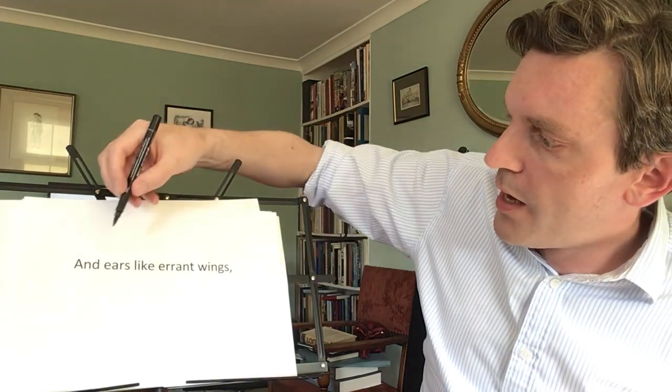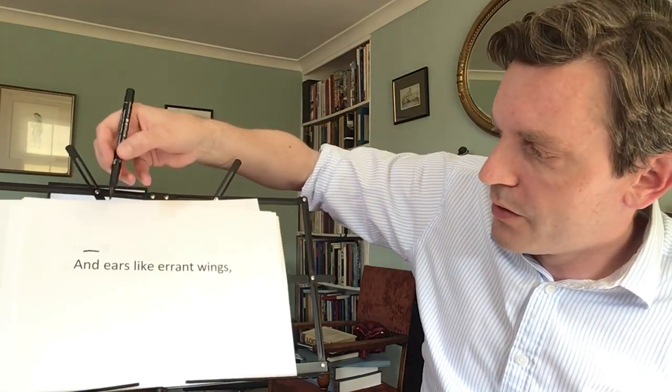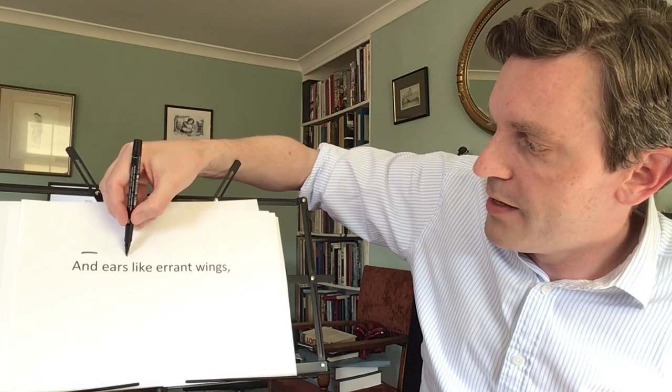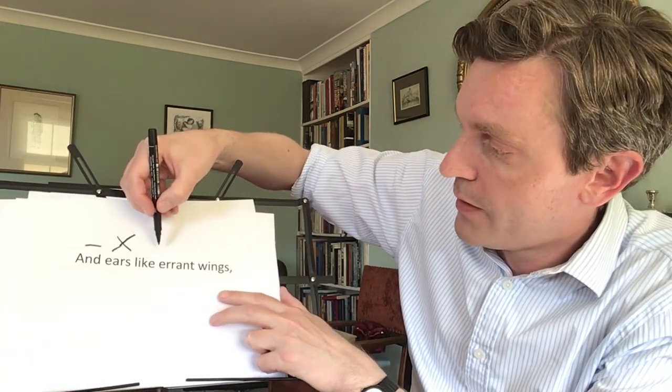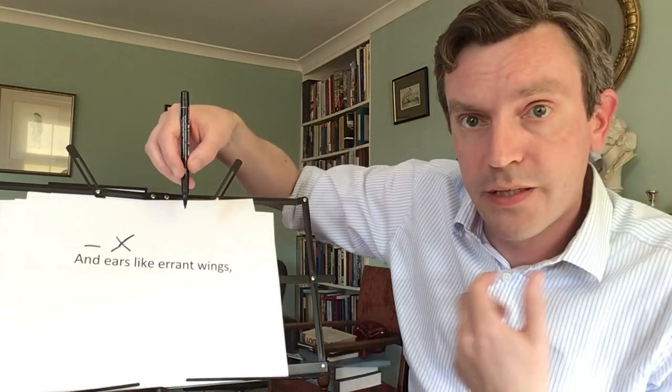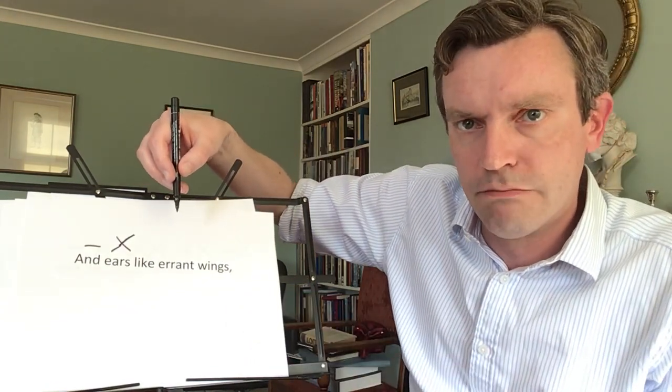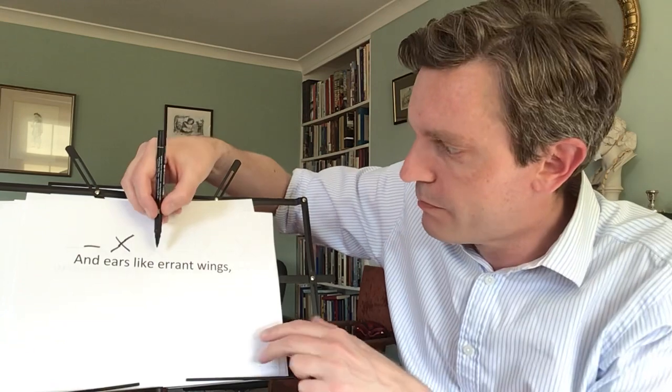And here we are with our next line. Again, and, conjunction, not stressed, ears, an important noun, so stressed. Errant here, is it errant or is it errant? And the answer is it's errant.